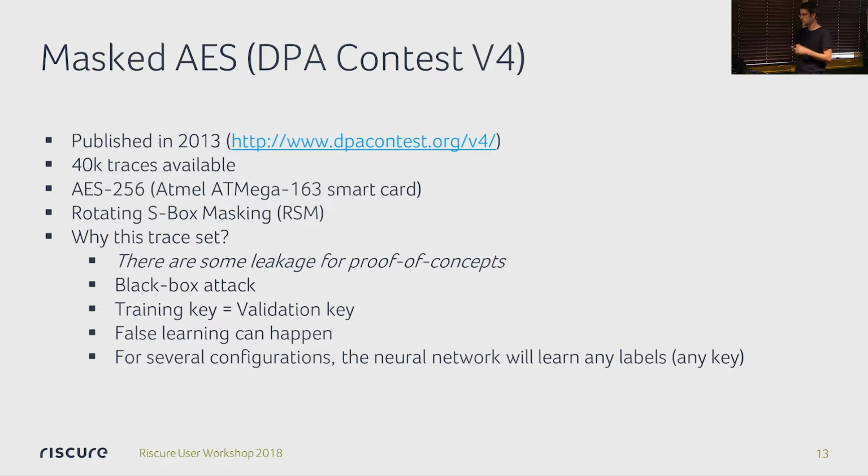I will also discuss later how we treat this using the visualization, in order to avoid what we define here as false learning. False learning is when you think the network is performing well, but it actually is not. For several configurations, a neural network can learn anything. Any key you provide, it thinks it's correct, but it's not. I will show you how to avoid this.